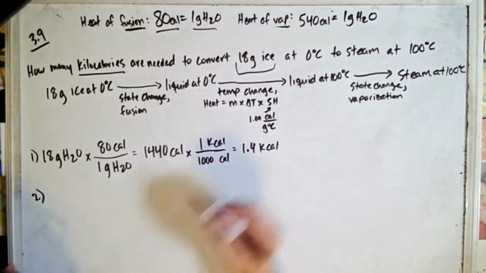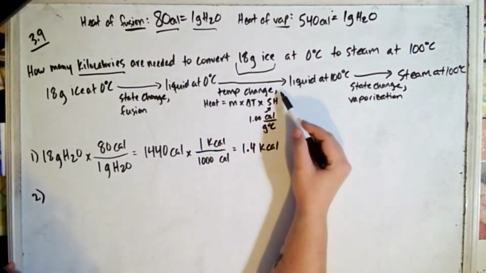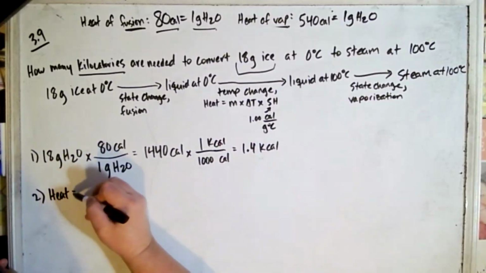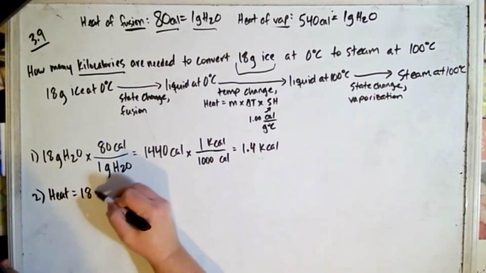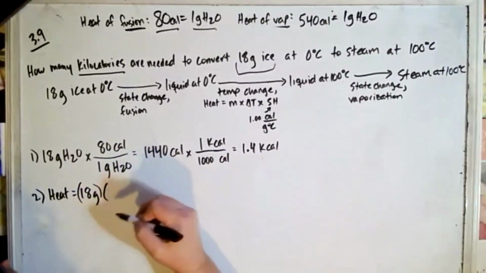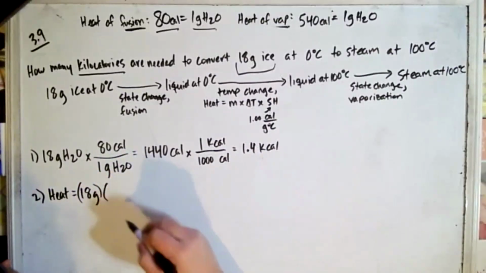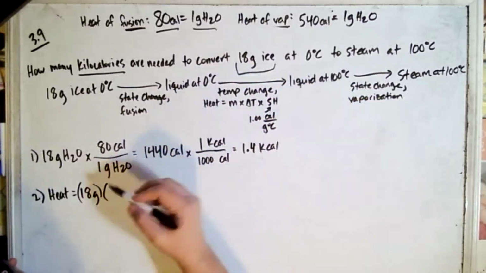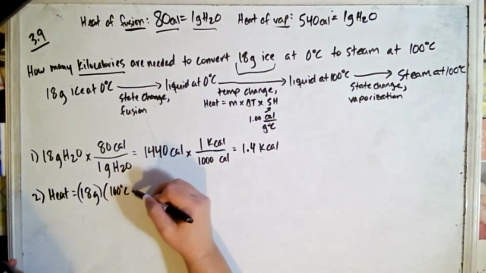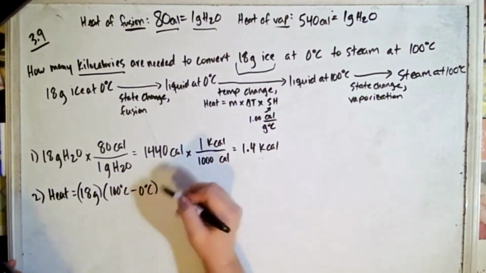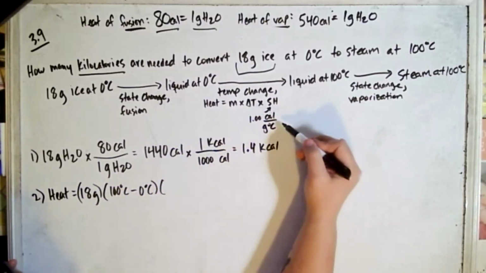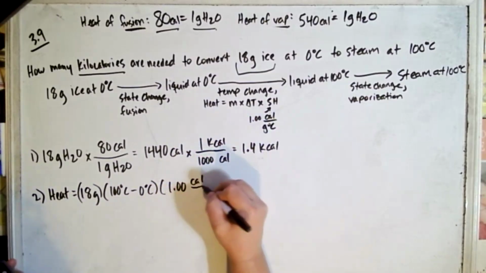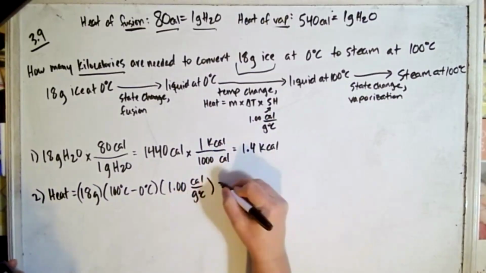Our second step, we're going to use our heat equation to track the temperature change. Heat is our mass of 18 grams times our delta T, which is going to be our final temperature of 100 degrees Celsius minus our initial temperature of 0 degrees Celsius, times our specific heat in terms of calories this time, so 1 calorie per gram degree Celsius.